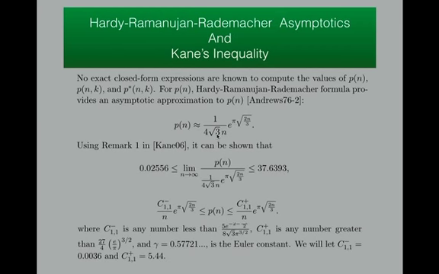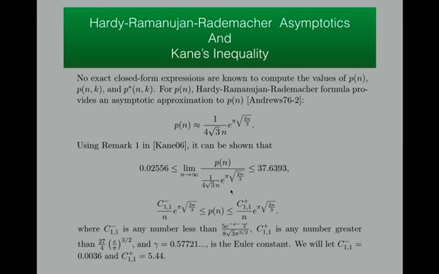At the same time, we're going to need an inequality on Pn, and that inequality will come from a recent result that was provided by Kane in 2006, and it is stated here in the form of a two-sided inequality, where Pn normalized to its asymptotic value is bounded by two constants, one on the left and one on the right.